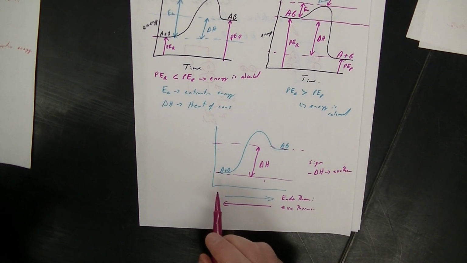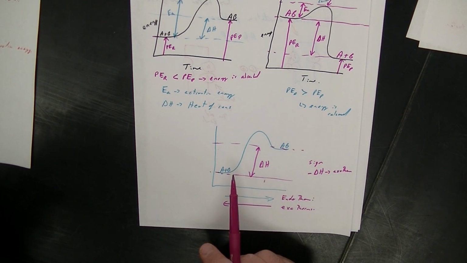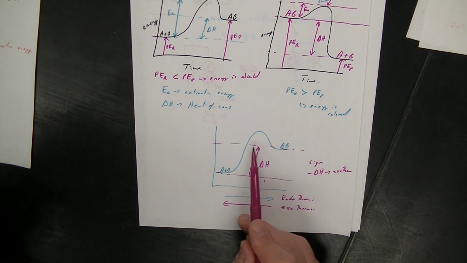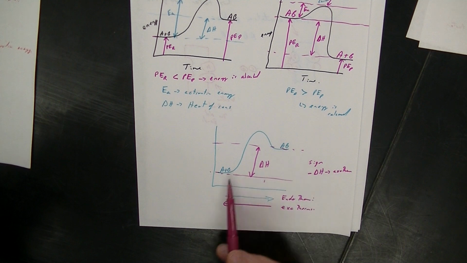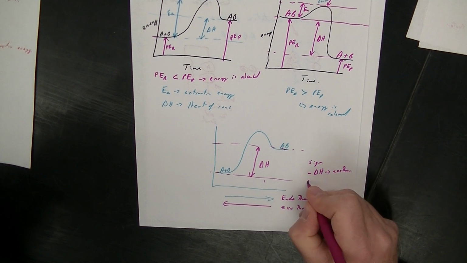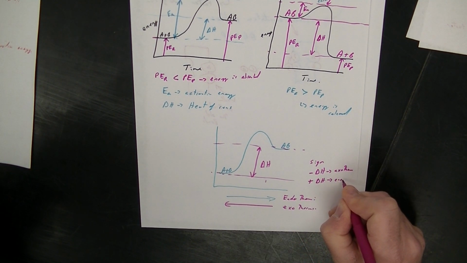If we subtract the potential energy of the reactants from the potential energy of the products, and it's negative, it's exothermic. Well, we know that this is exothermic, going from high to low. So if our products are low and this is high, delta H is going to be negative. If it's a positive delta H, it's going to be endothermic.